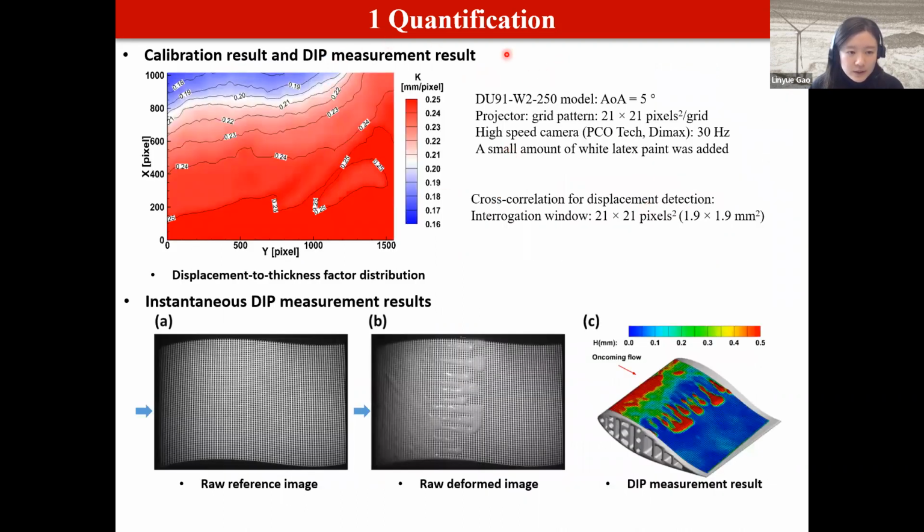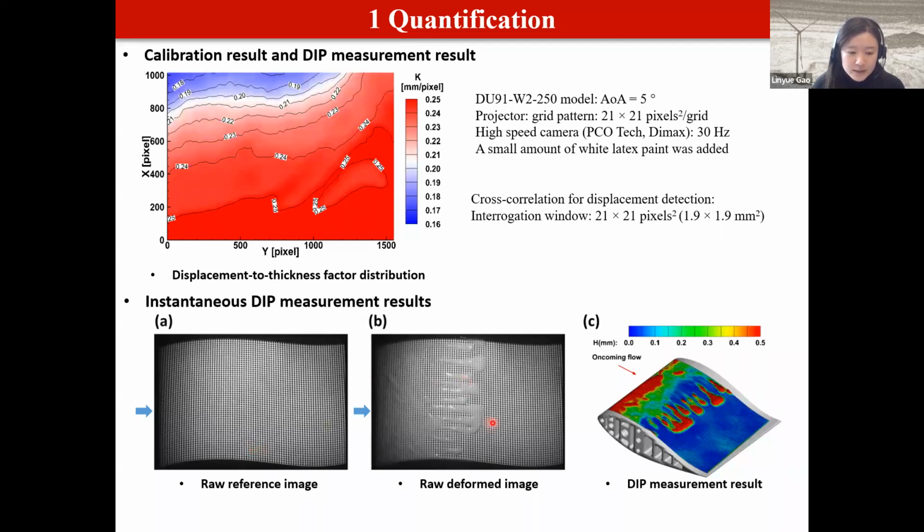For the DIP technique, we need to do a detailed calibration process. Here are the calibration results we got. We derived the linear relationship between the object's thickness and the image distortion. And here are some preliminary experimental data. This one is the raw image of the airfoil surface.